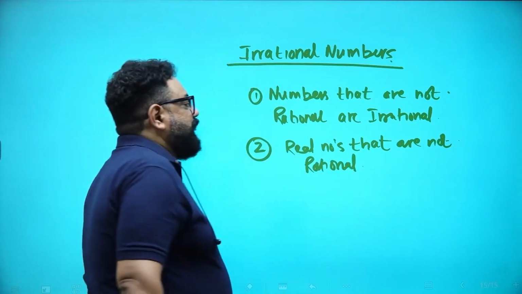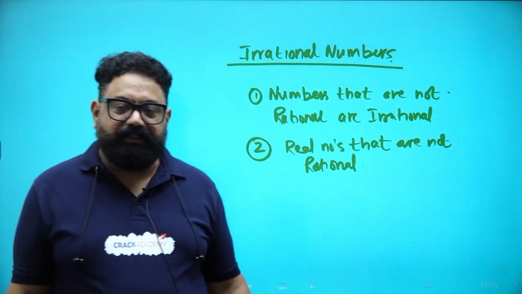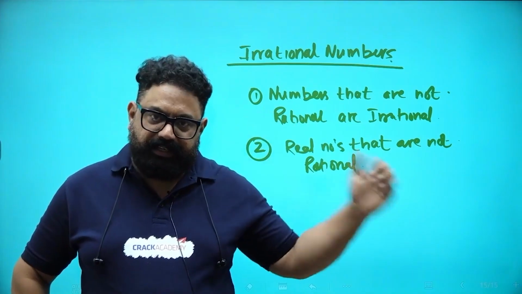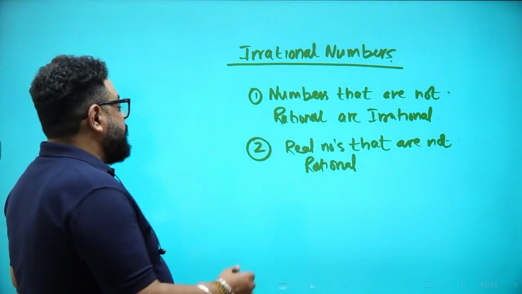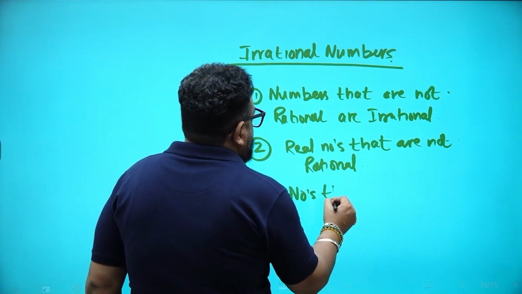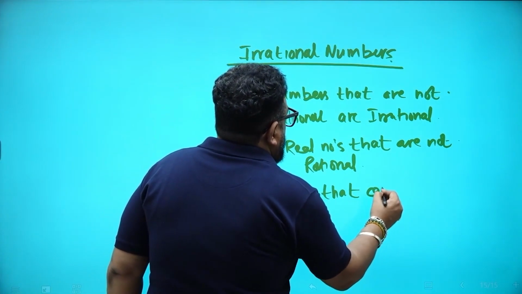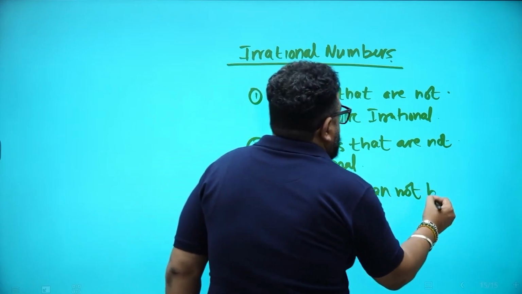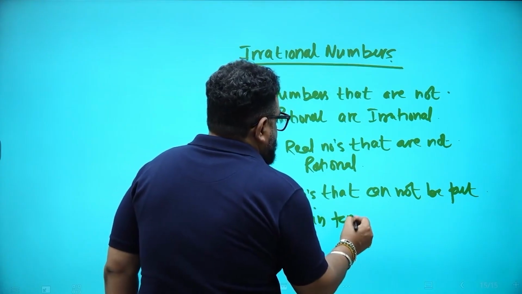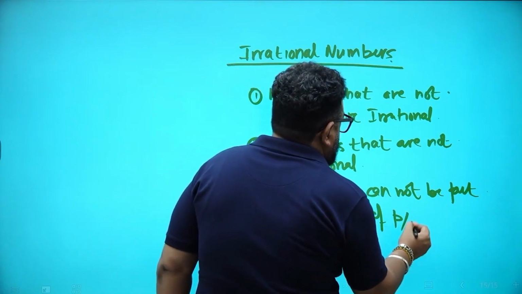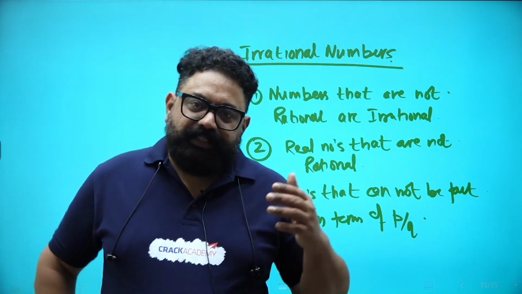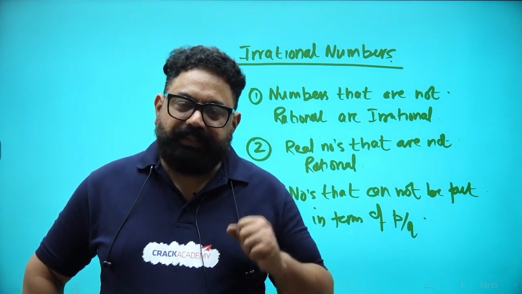Meaning-wise, I think we are understanding, but a lot of students do not exactly know what irrational numbers are. Third definition is numbers that cannot be put in terms of P upon Q, where P and Q are integers and HCF of P and Q is 1, right?